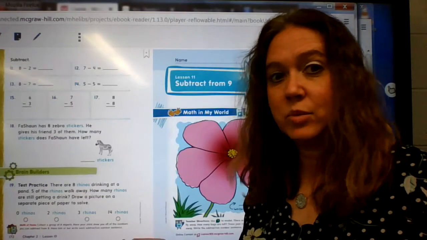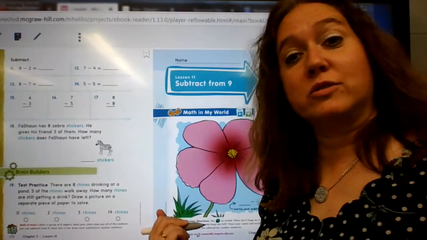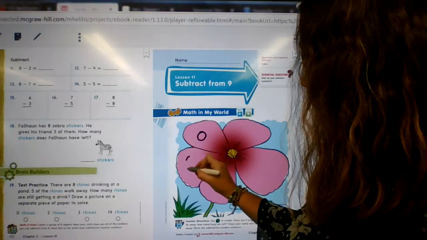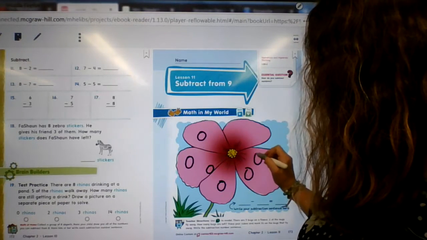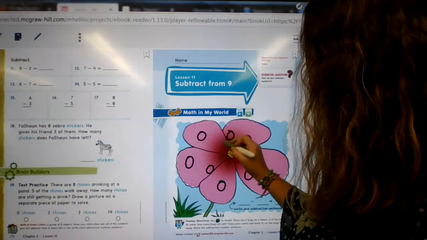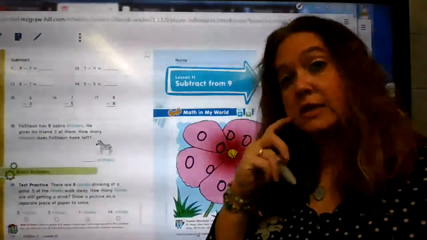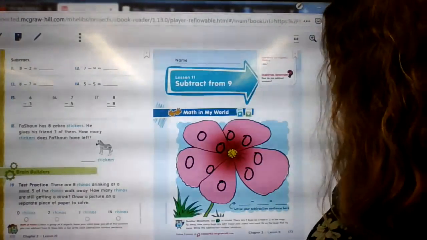Ladybugs, whatever kind of bug you want to. I'm just going to draw circles. So we're drawing 9 on this flower. Again, like I said, if you wanted to take the time to actually draw bugs, go ahead. Pause it and draw your bugs.